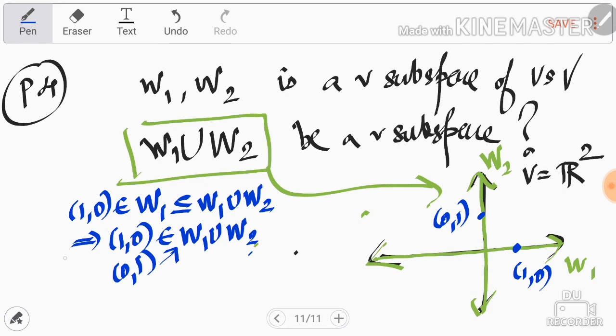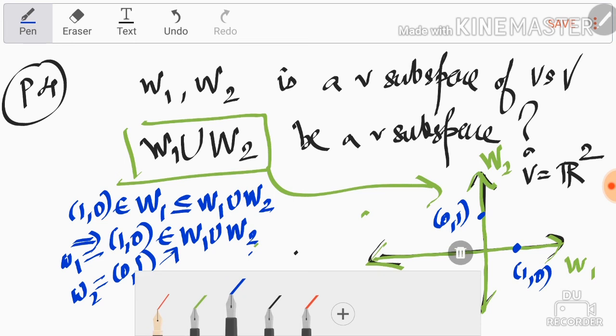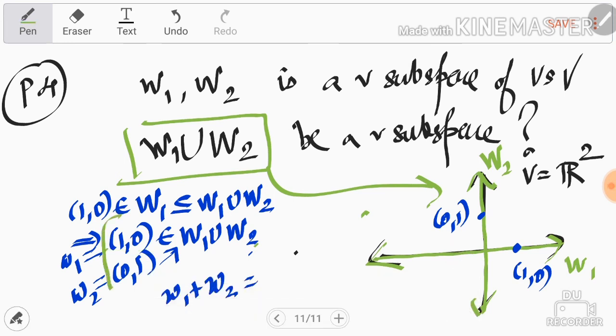So you have two vectors, let's call them W1 and W2, belonging to the union of these two vector subspaces. My question is, what is W1 plus W2? When you add them, what you get is 1 plus 0, 0 plus 1, which is 1, 1. And 1, 1 is this vector.